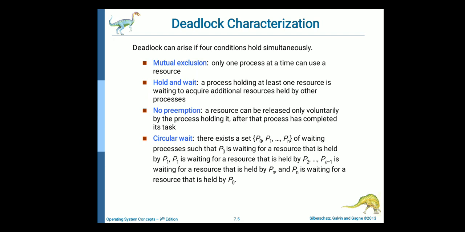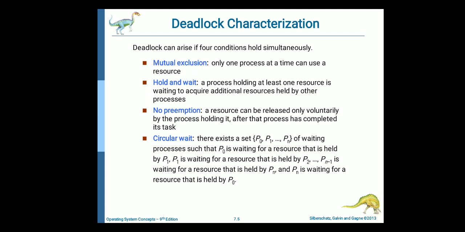Next one is circular wait. A process is waiting for a resource held by a second process, which is waiting for a resource held by a third process, and so on, till the last process is waiting for a resource held by the first process.